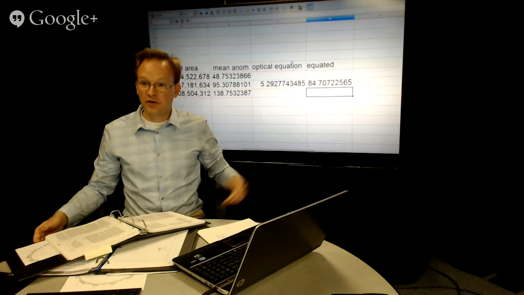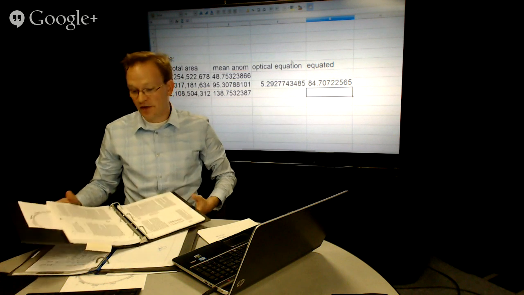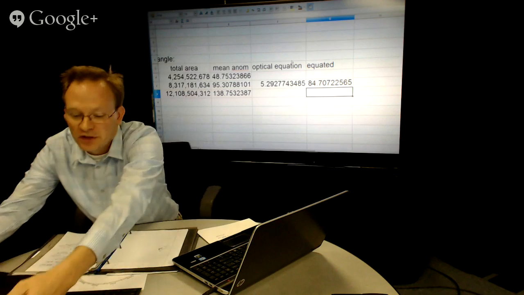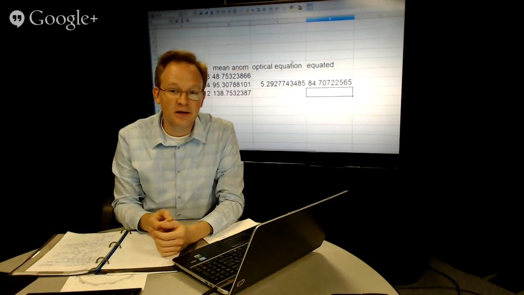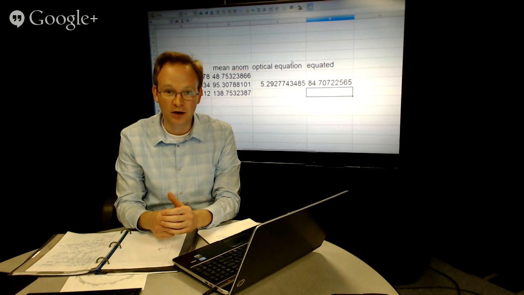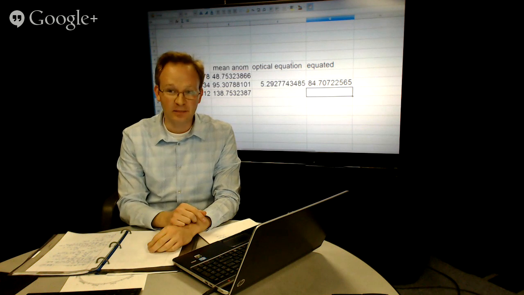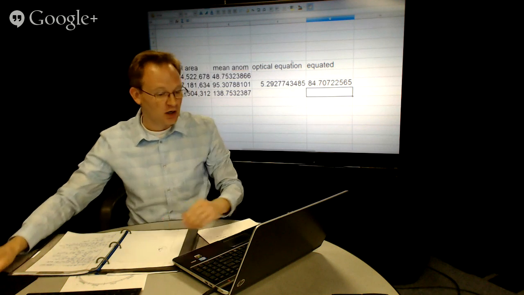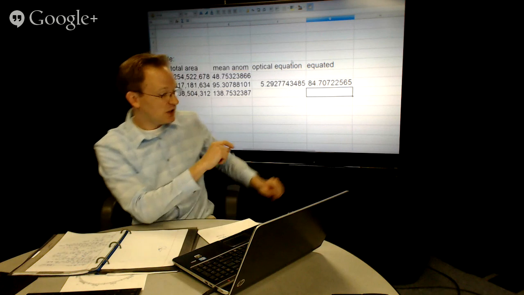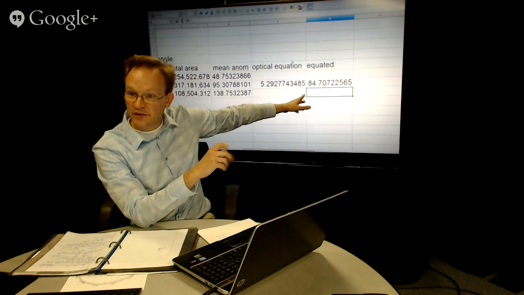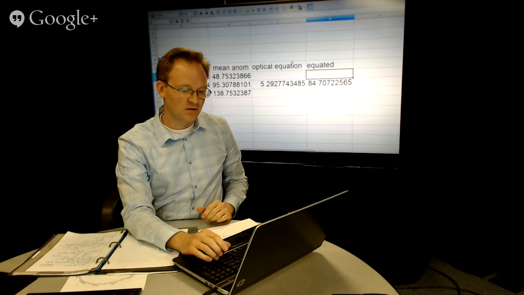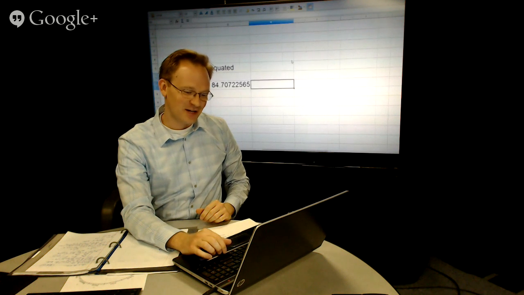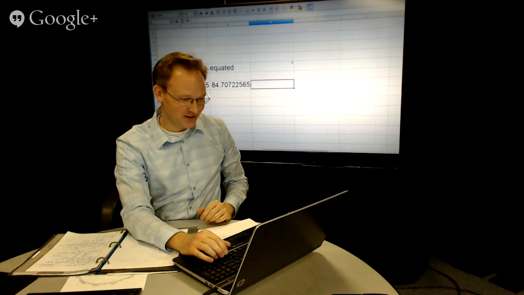First, let me show you how to turn this into degrees, minutes, and seconds. Now, I really recommend using a calculator. Using a computer actually stinks. There are a lot of good calculators. You can get them for not very much money at all, and they do degrees, minutes, seconds by themselves. It's so convenient. But let's turn this into degrees, minutes, and seconds so we can compare it with what Kepler did.